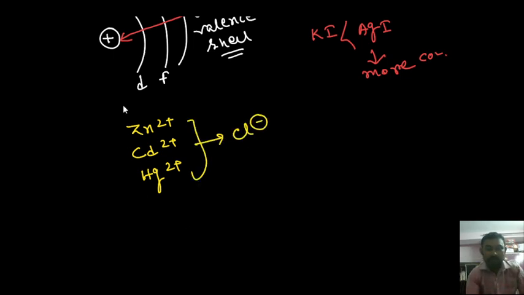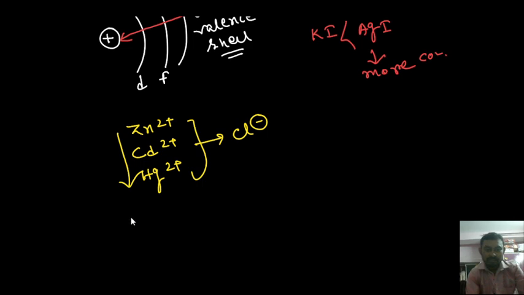As all three are in the same group, from Zn2+ to Cd2+ to Hg2+ the number of d and f electrons increases. So the low shielding effect will happen, and it will attract the valence shell electrons more, so the size will reduce more, and that will polarize more.